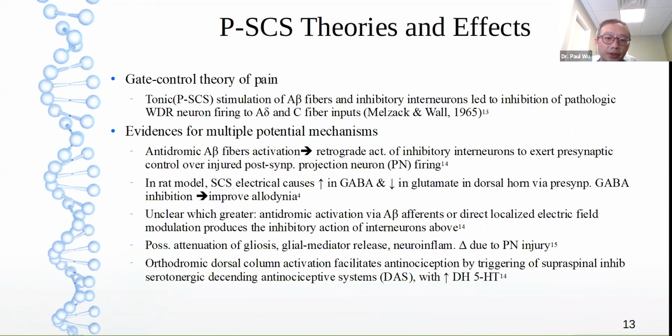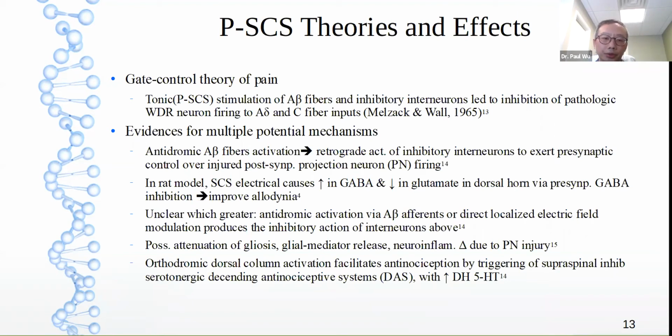Antidromic A-beta fiber activation through the stimulation can cause retrograde activation of inhibitory interneurons, which exert presynaptic control over the injured projecting neuron firing from a peripheral source. In rat models, the spinal cord stimulation electrical field also causes an increase in GABA and a decrease in glutamate, which are two major neurotransmitters in the dorsal horn, via presynaptic GABA inhibition.